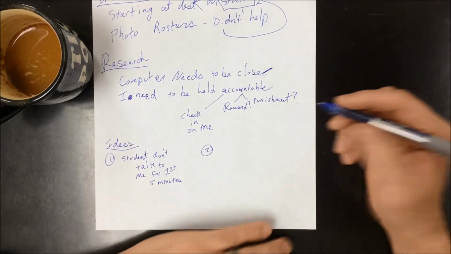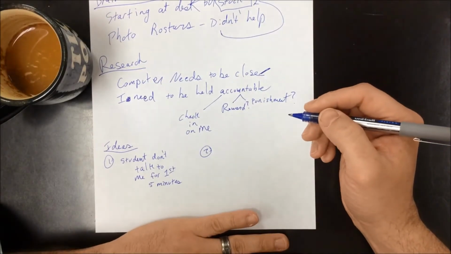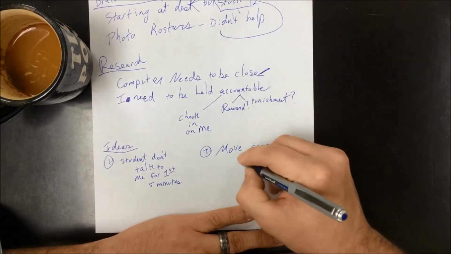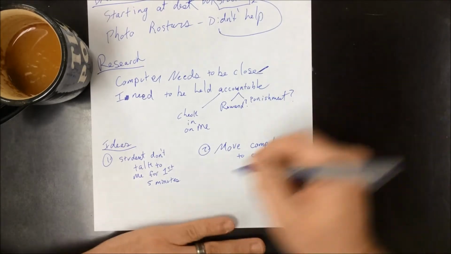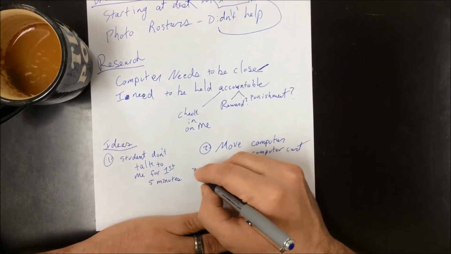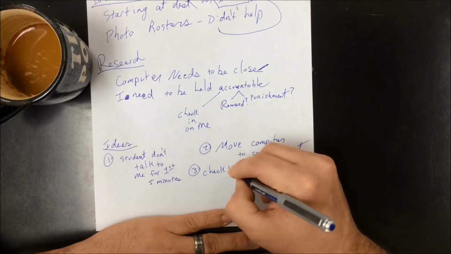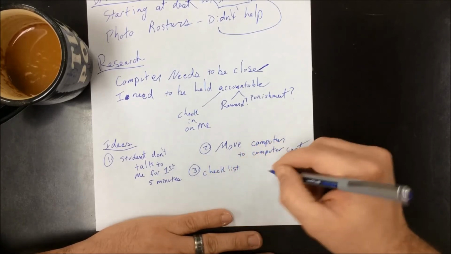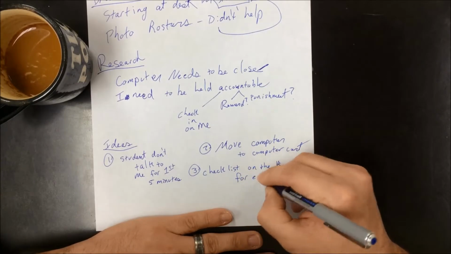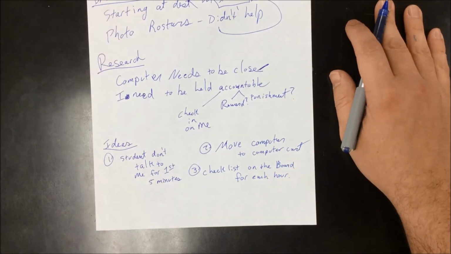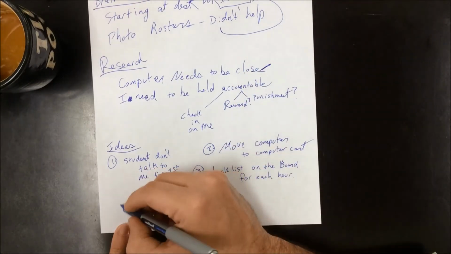Well, I don't sit at my desk very often, but I do sit up by the computer cart. And then for 3, the checklist on the board for each hour.